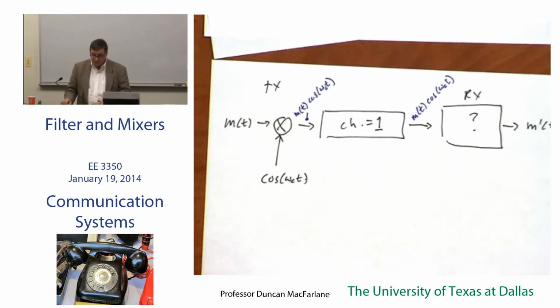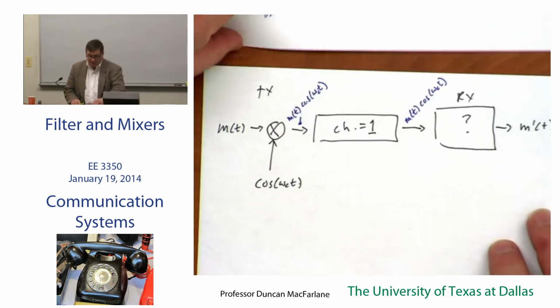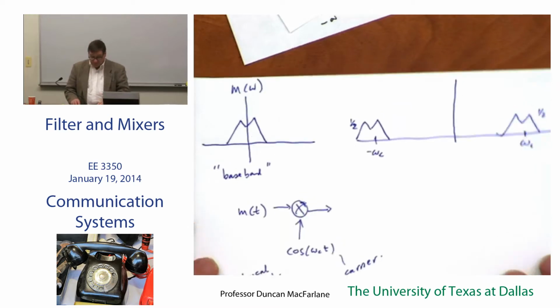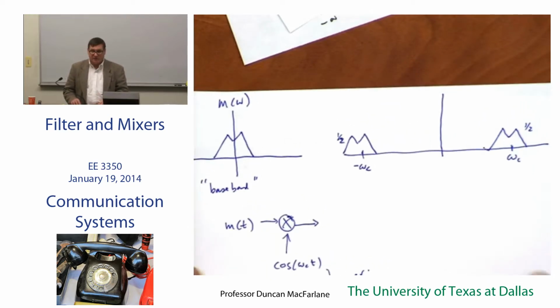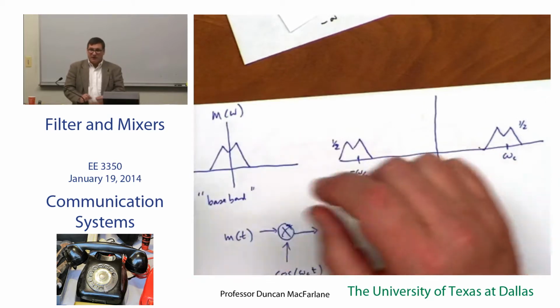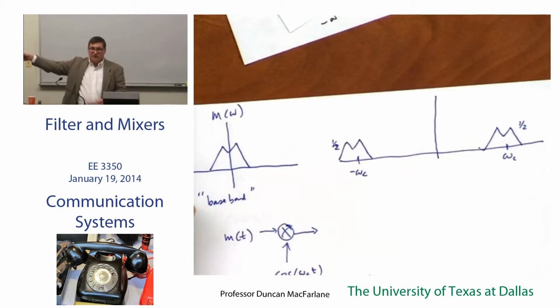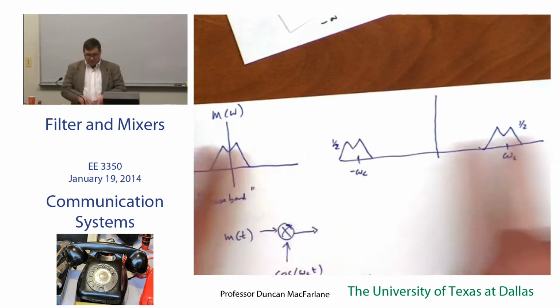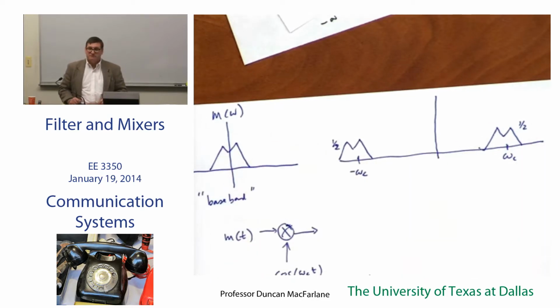Now, let's go back to how I cavalierly described this mixing behavior. I took my frequency, ripped it in half, threw one half out to the right by omega c, and threw the other half out to the left by an amount omega c. That's how I get from that picture to that picture.